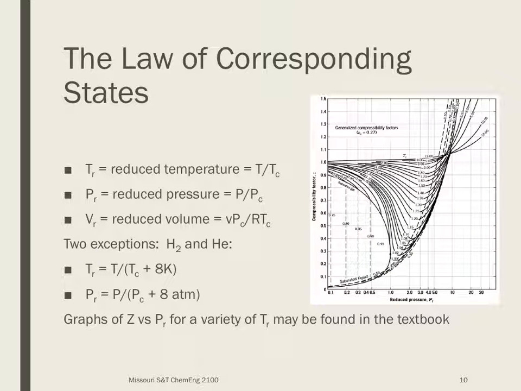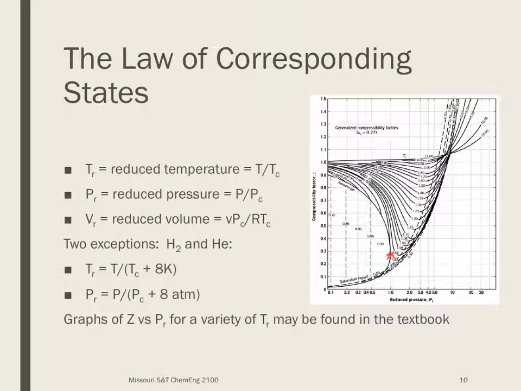So what is the law of corresponding states? Well, the law of corresponding states is a requirement that all substances, if they are scaled so that they all pass through the critical point, and you were to stretch and squish diagrams of their data so that they all pass through the critical point, and in this particular case, that critical point is right here, then all substances have graphs that end up looking fairly close to each other.